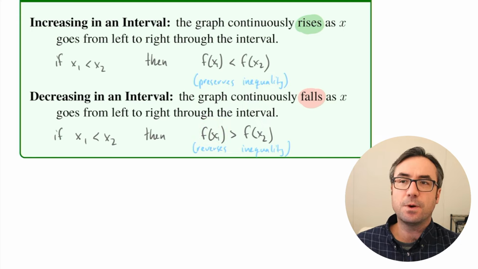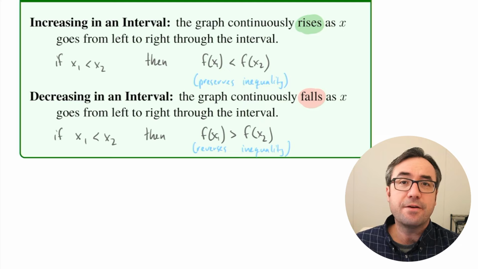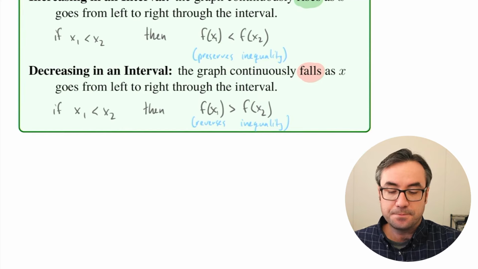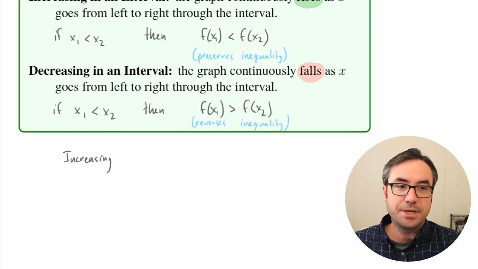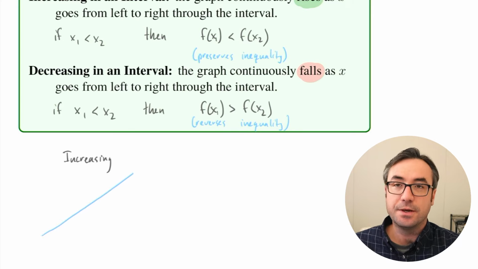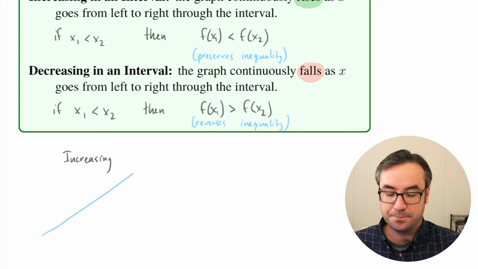Graphically, what does it look like to have an increasing or decreasing function? Increasing follows the general trend of moving up. An increasing function is going to move up as we read from left to right.